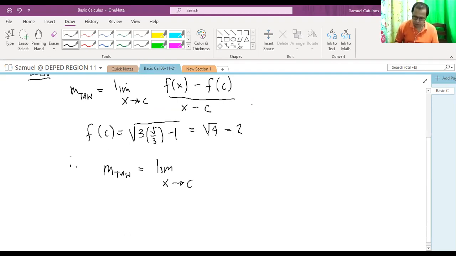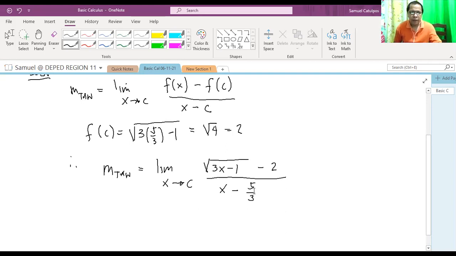So that is square root of 3x minus 1. And then your function of c is 2, minus 2. Okay? Over x minus, your c is 5 over 3.